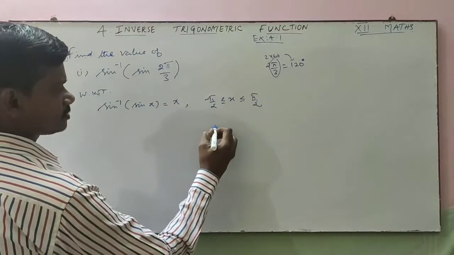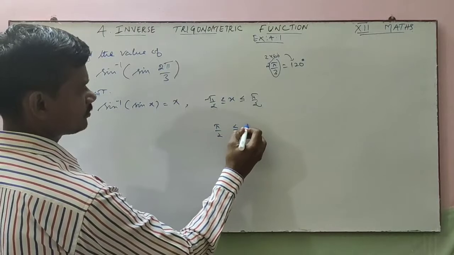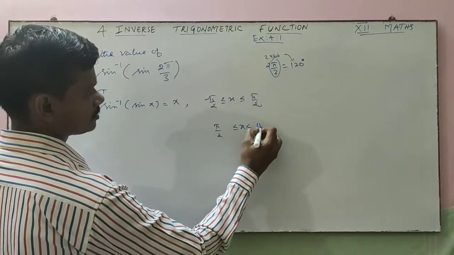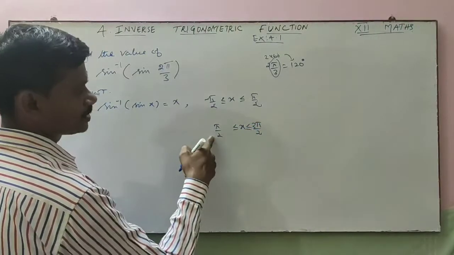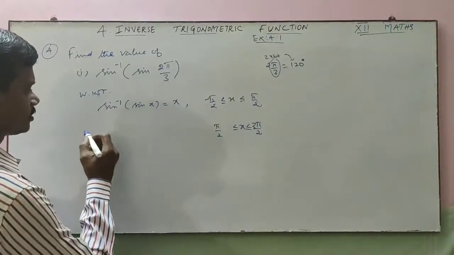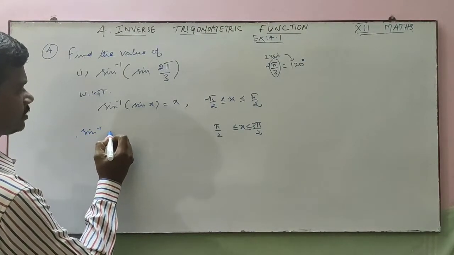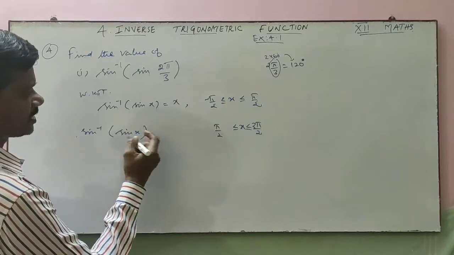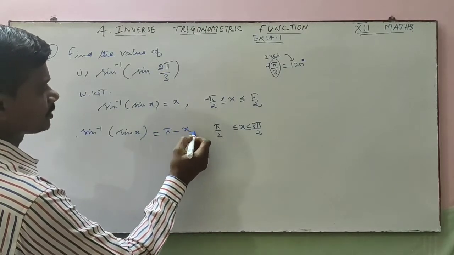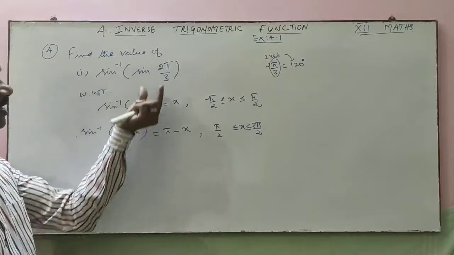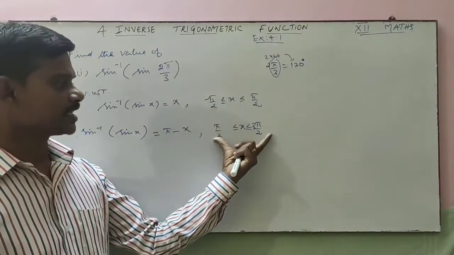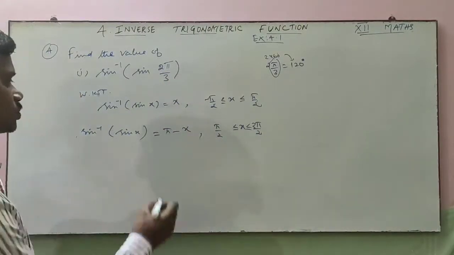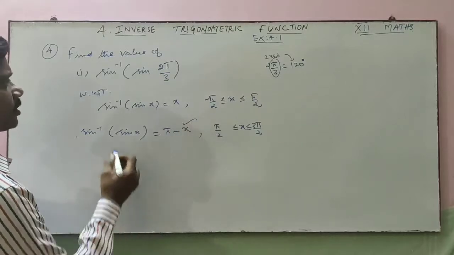In case the value of x is more than 90 to 270, we have to use another formula, sine inverse of sine x is equal to pi minus x. But here the theta lies between 90 to 270, so I am going to use this formula.